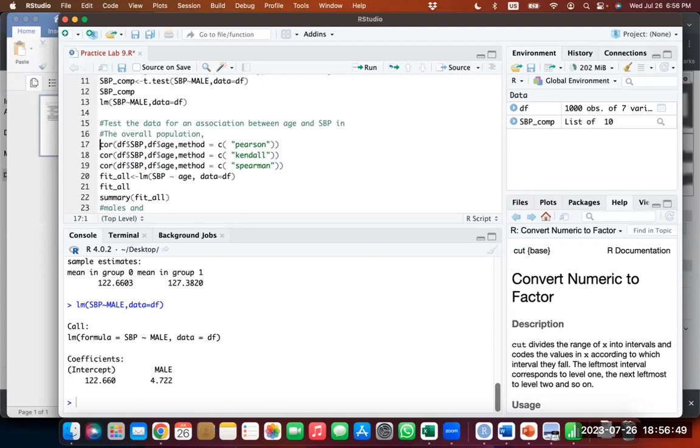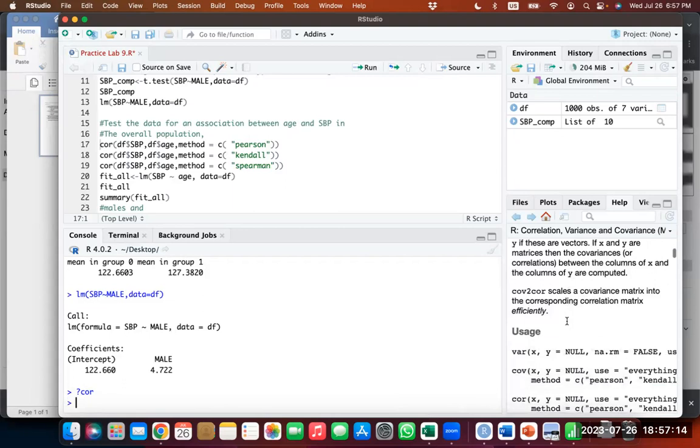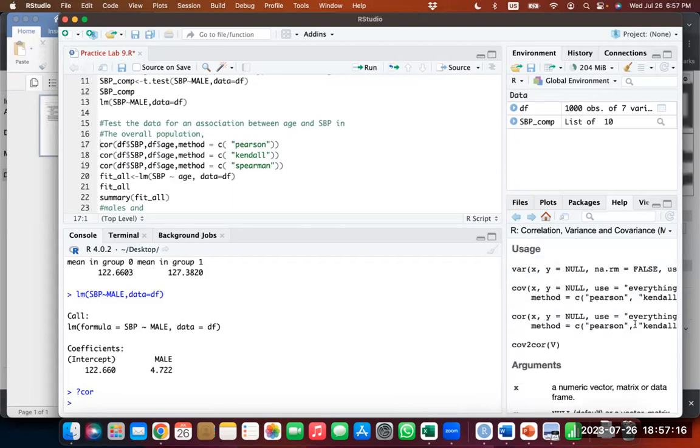Pearson and Kendall are for parametric testing, and Spearman rank is a non-parametric test that you can use for non-normally distributed data. The only reason I'm showing this is for you to understand how important it is to look at the functions with a question mark and the function name. You can always review the function and see what else it offers.